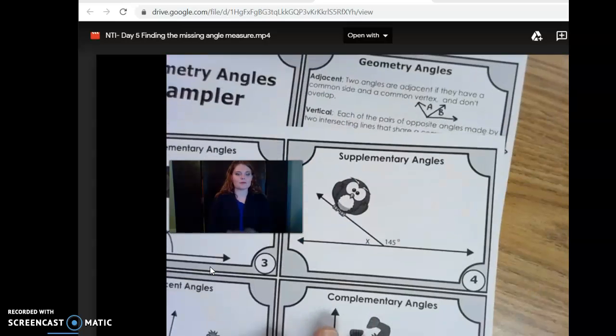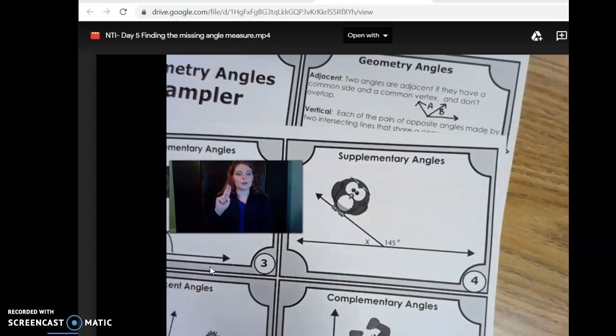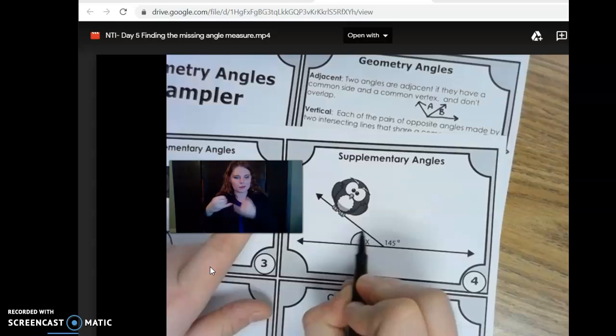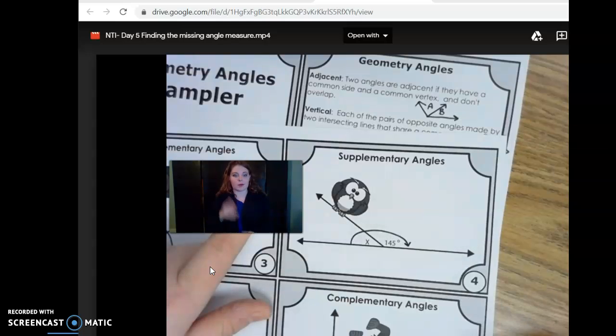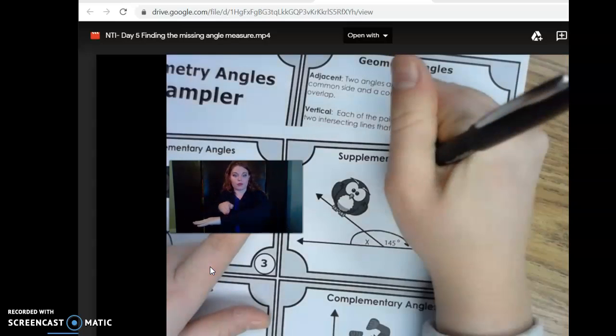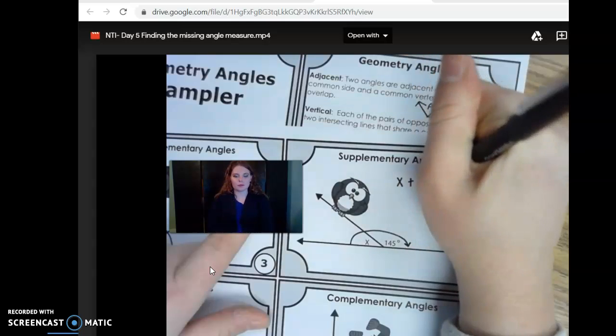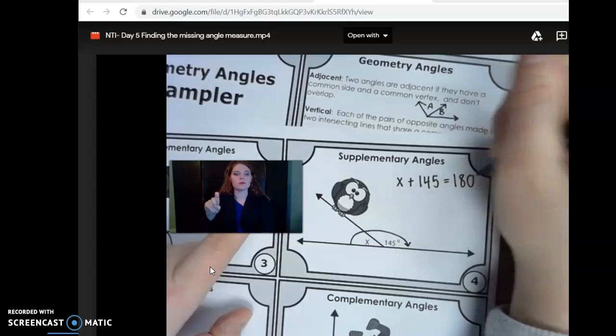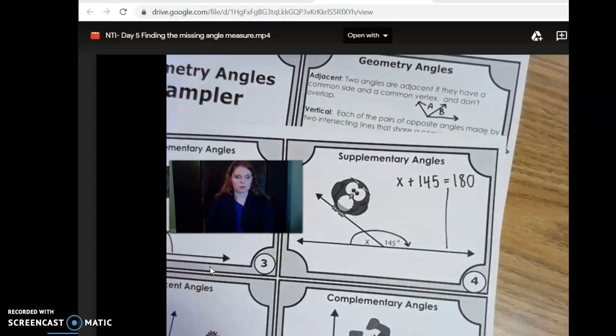Let's move on to supplementary angle. It's very similar to this, but instead of adding up to 90, we have a whole straight angle, which is 180. So x plus 145 is not going to give us 90. It's going to give us 180. Same one step for solving, though.